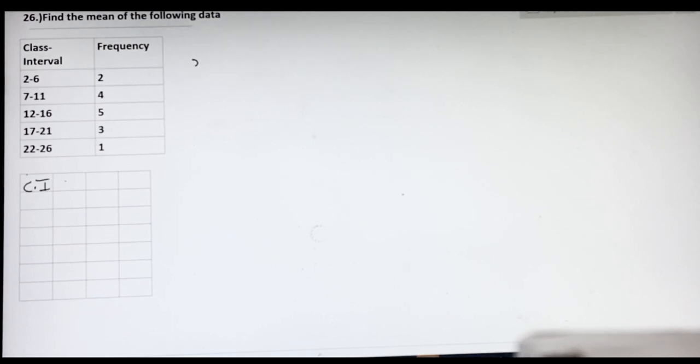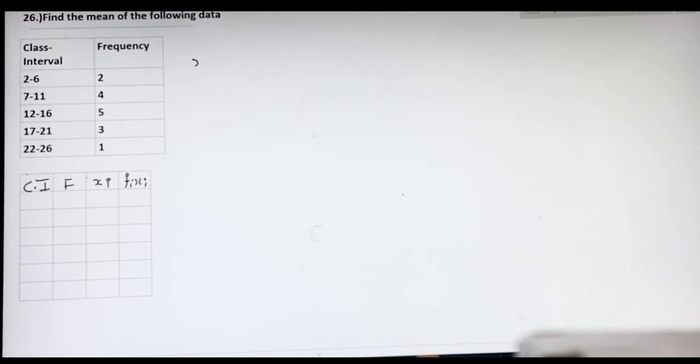Next one is frequency, and next one is xi. The last one is fi into xi. Okay, so I'll just write a table like this.